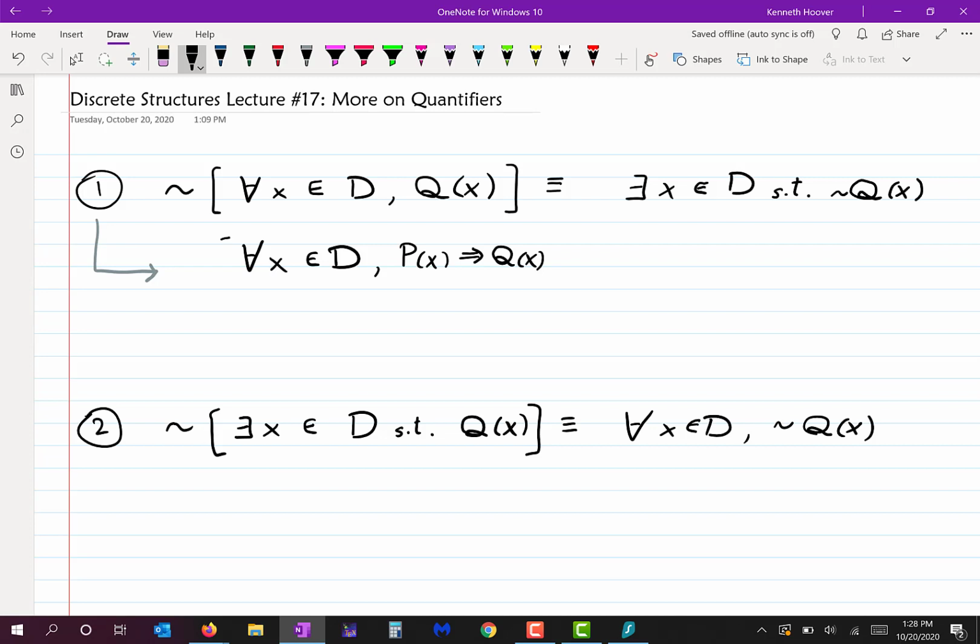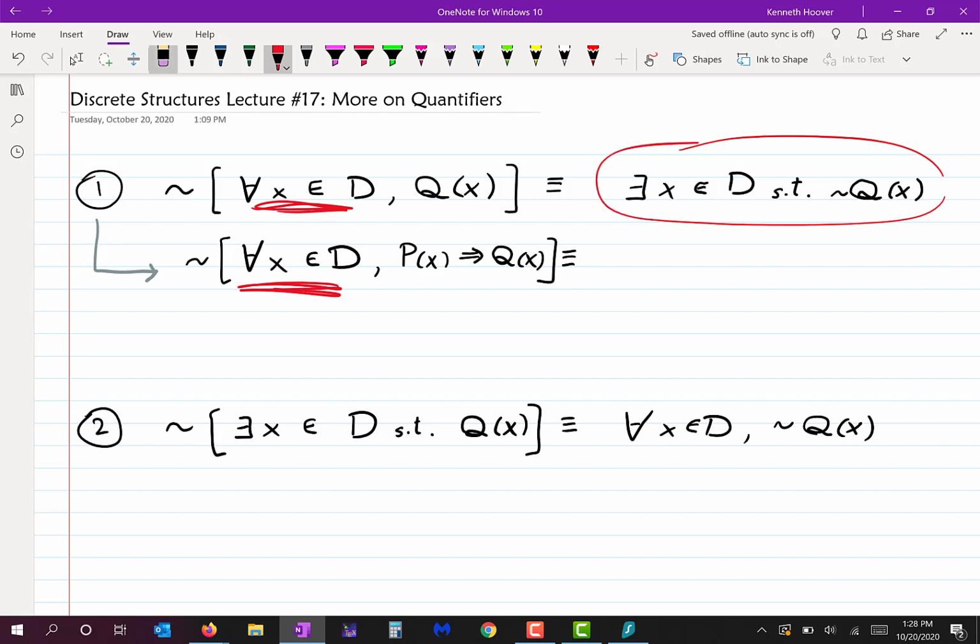And let's write down how we negate something like that. Well, it's a universal statement, just like that one was. So the rule should be the same as this, which is the universal quantifier turns into an existential quantifier.